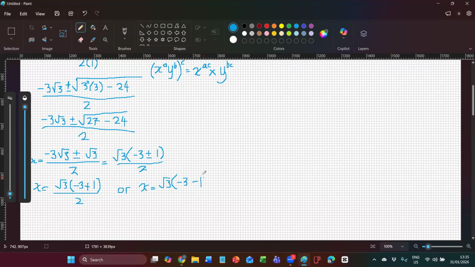Okay, so I'm going to put them side by side. I'm sure you can already see how it's going to play out, right?